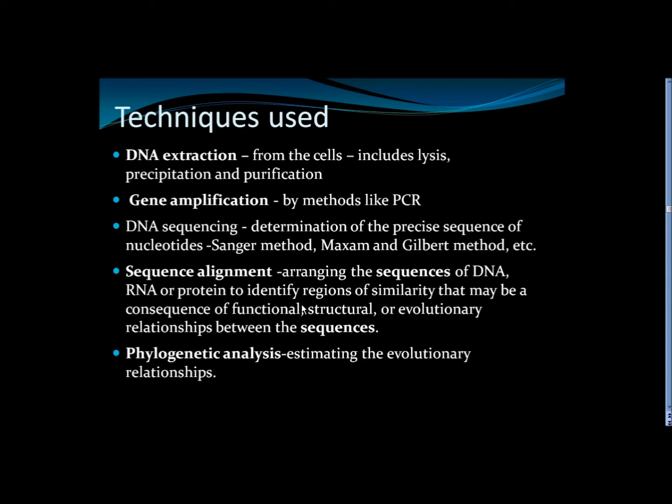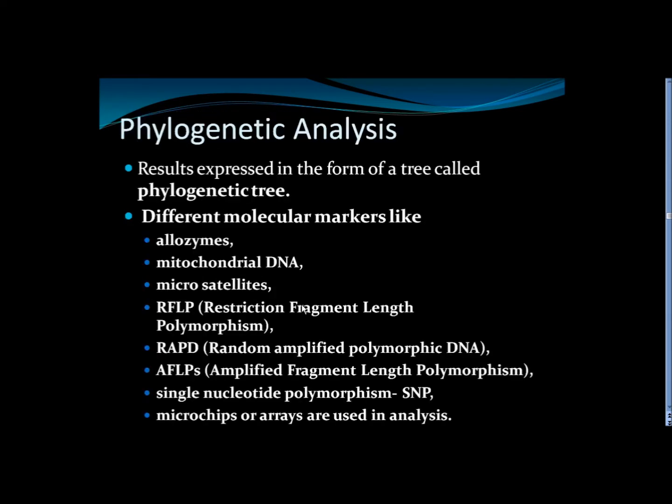This is then put to phylogenetic analysis, wherein the evolutionary relationships are estimated, and the resultant will be a phylogenetic tree. Different molecular markers are used to analyze the phylogeny of organisms, like allozymes, mitochondrial DNA, microsatellites, RFLP, RAPD, AFLP, single nucleotide polymorphisms, microchips, and arrays.